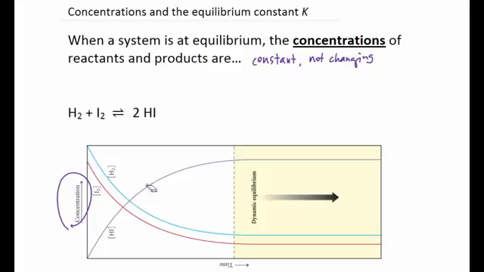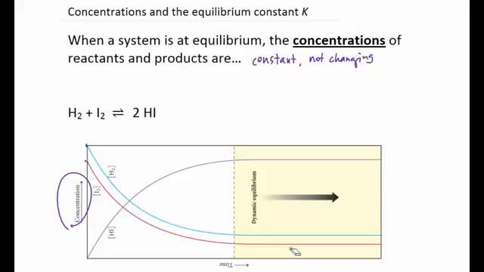So here's an example. HI is the product. Start out with none of it. We make HI. We consume both of those reactants. We could have the reactants present in different amounts. Looks like we have an excess of H2 in there. But it doesn't matter. We don't use up all of the limiting reactant. Limiting reactant really only applies when the reaction goes fully to completion, but that rarely happens.